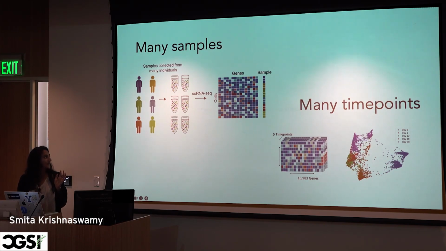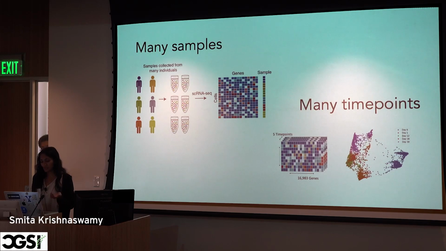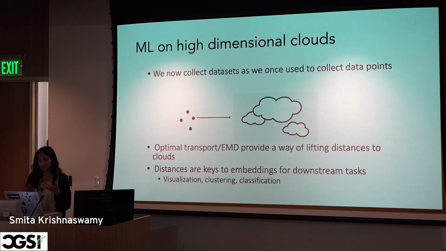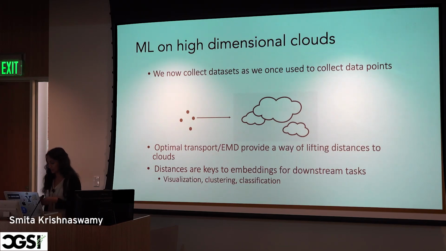What if we had populations of cells that were captured from all these individuals or at 10 different time points? Could I make a similar plot where the points are actually the whole sample? So this idea is lifting whatever analysis you have from the single data point level to the point cloud level. And this kind of analysis is key to both learning dynamics and understanding how the dynamics is different under different conditions, and that's called optimal transport.